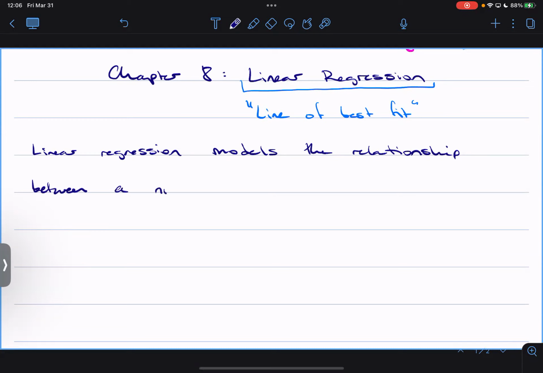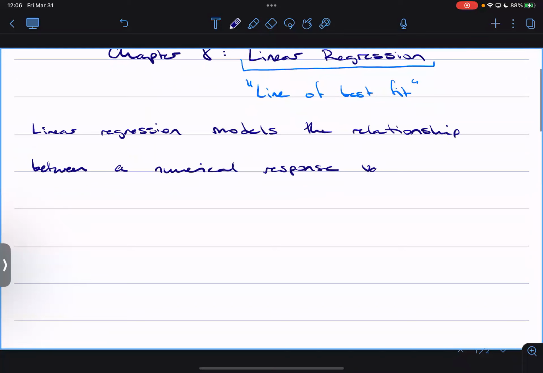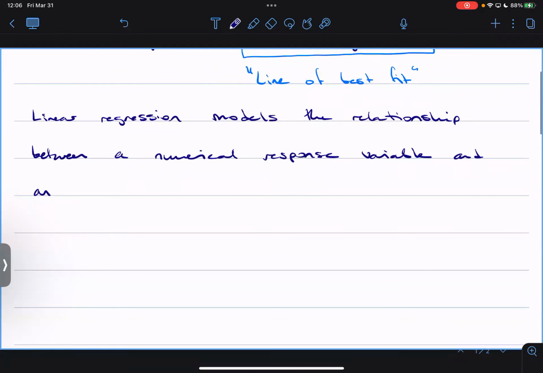But I don't want to specify because it is allowed to be categorical, but it's often numerical.